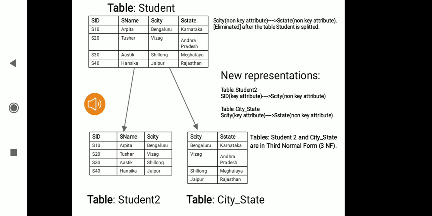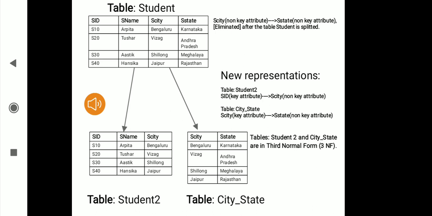Therefore, in the split table student 2, the key attribute SID determines the non-key attribute sCity, and in the split table city state, sCity acts as a primary key, which is regarded as the key attribute, and it easily determines the non-key attribute sState. So, in both cases, the key attribute determines a non-key attribute, which is acceptable in normalization.